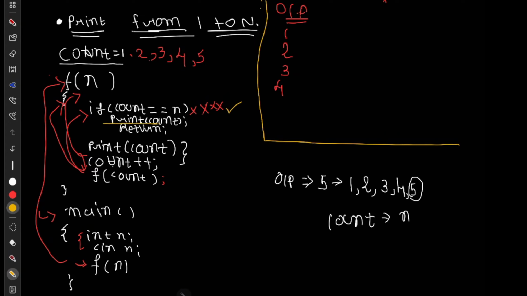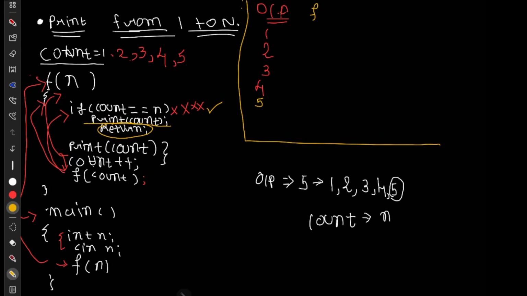The last time, the value of count is printed and this time the function will return, meaning no more lines of code are executed. I will look at the recursion tree. First of all, this function is called f of 5 and the value of count is 1, so 1 is printed.